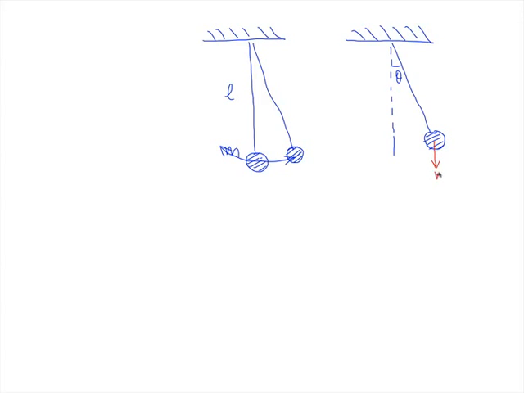We have the weight of the mass, which is m times g, where g is the gravity acceleration, and we also have the tension in the thread, which is pulling the mass upwards. Since the thread is not in the vertical direction, the tension T can be decomposed into a vertical component, which is T times the cosine of theta, and a horizontal component, which is T times the sine of theta.